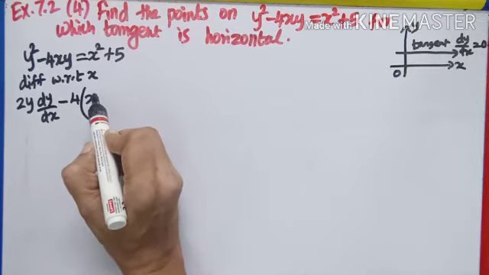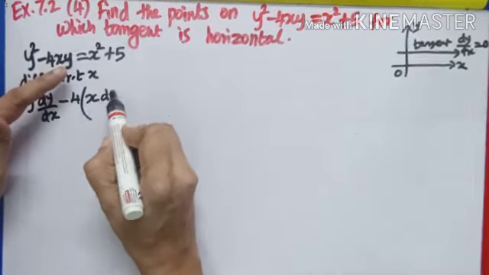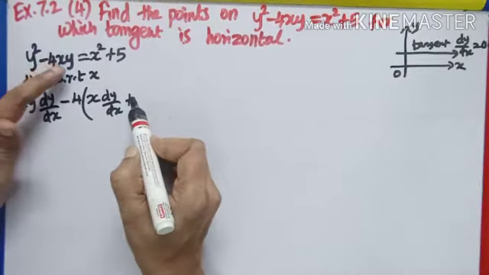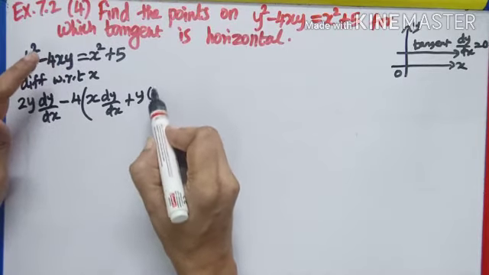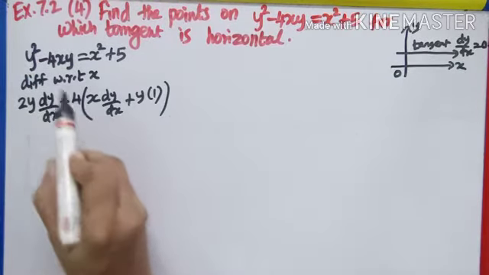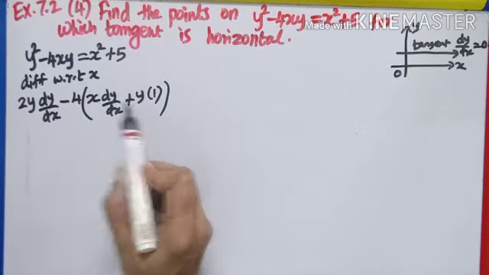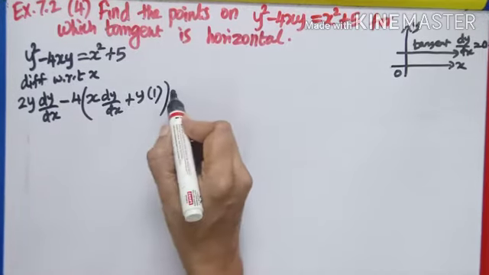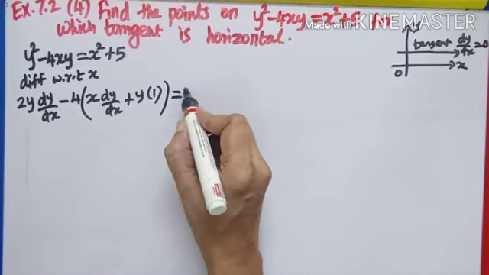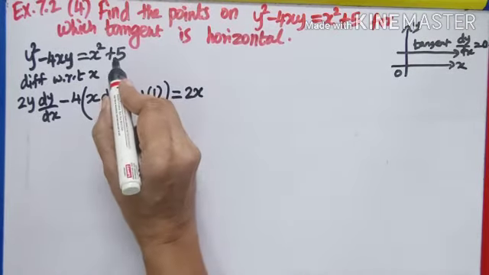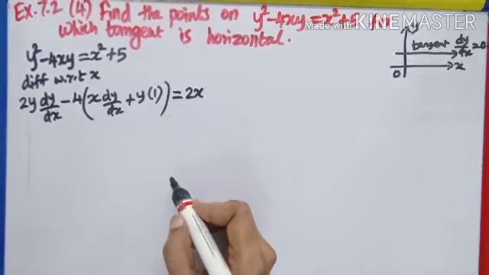Keep the first term, differentiate the second term. Plus, keep the second term, differentiate the first term. Keep x, y will become dy by dx. Plus, keep y, x will become 1. Equals x square becomes 2x, 5 is a constant which becomes 0.